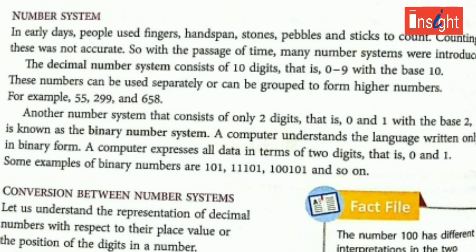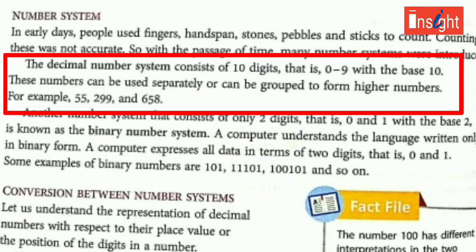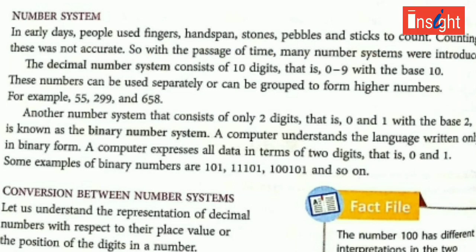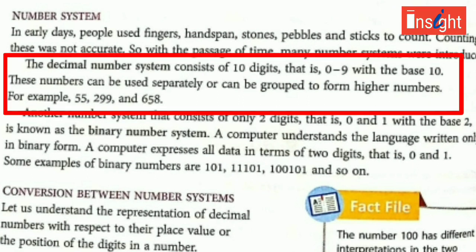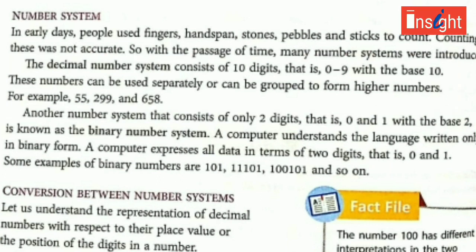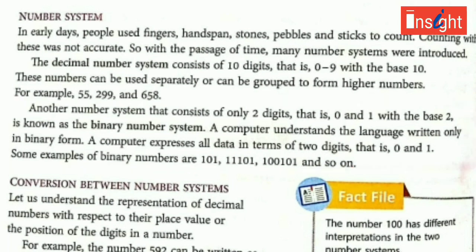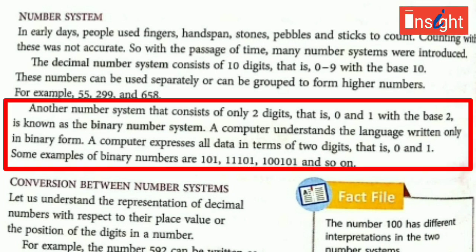The decimal number system consists of 10 digits, that is 0 to 9 with the base 10. These numbers can be used separately or can be grouped to form higher numbers like 300, 350, 40, 45, etc. Binary number system consists of only two digits, that is 0 and 1 with the base 2, is known as the binary number system.